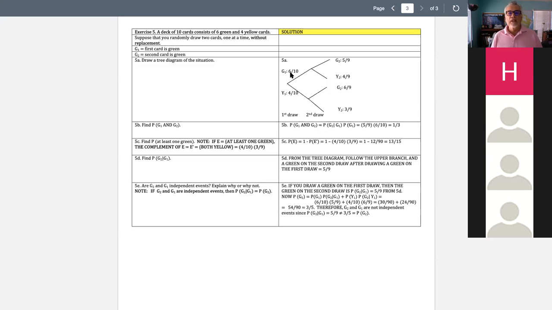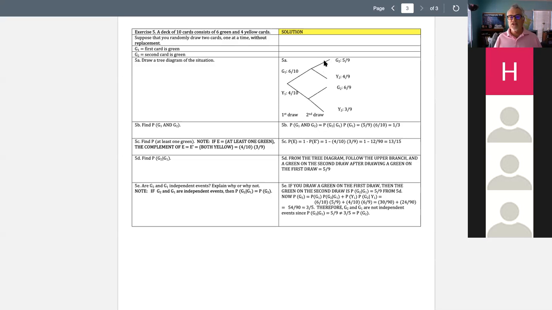We have a probability of 6/10 of drawing the green card first, and a probability of 4/10 of drawing the yellow card first. And I've denoted that here in the tree. So if we start out here, we either draw green, and then we can draw green or yellow on the second draw.